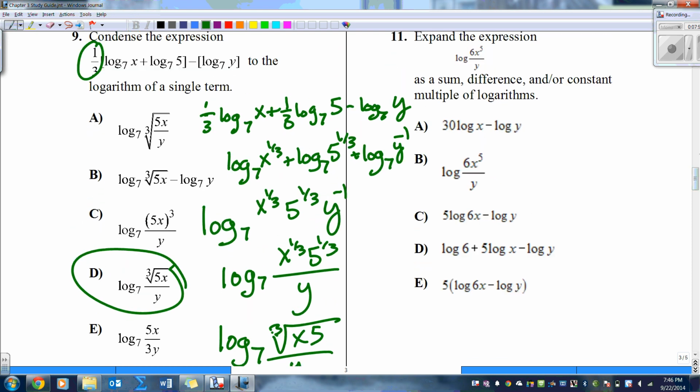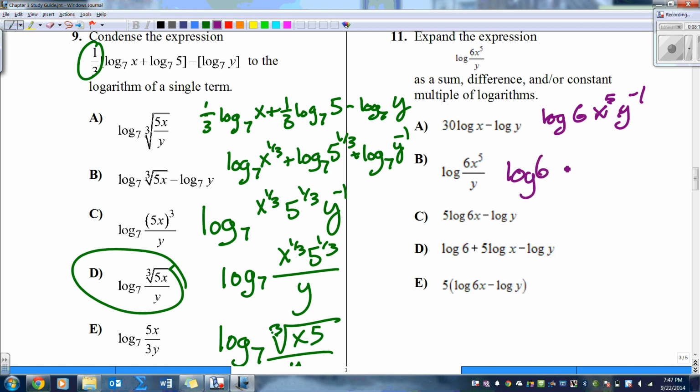All right, let's look at number 11. I'm going to change colors because I was lapping over there. Expand. So the first thing I'm going to do is bring the y up with a negative exponent. So now I have log 6 x to the 5 y to the negative 1. After this, I'm going to split them apart into additions.